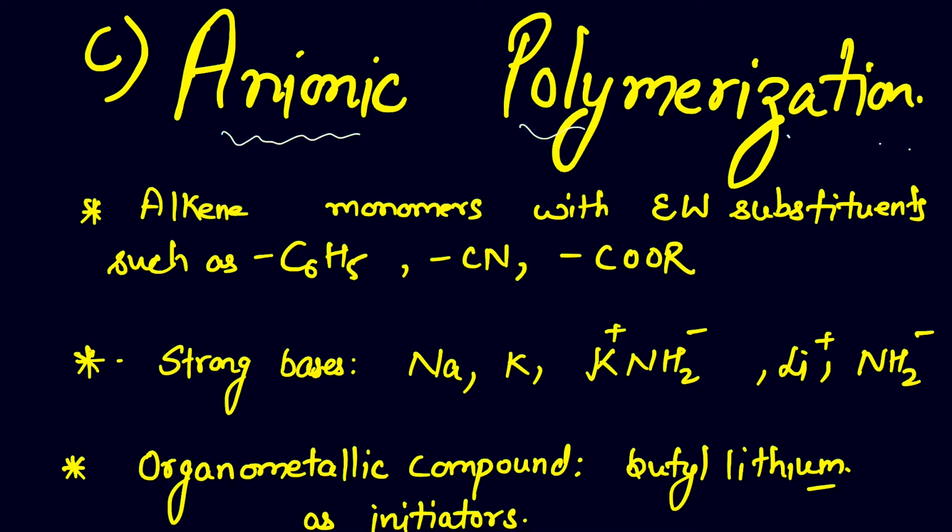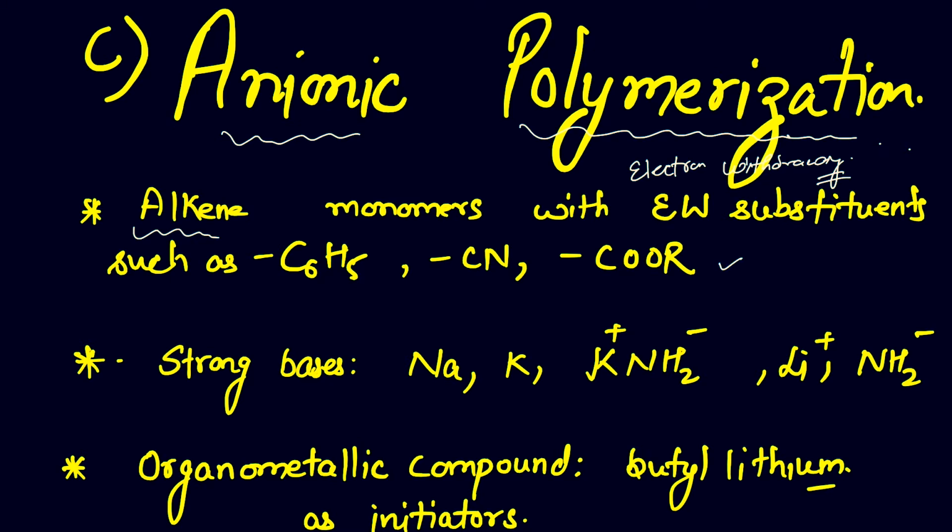So anionic polymerization is generally shown by alkene monomers with electron withdrawing substituents, such as phenyl or cyanide or COR group.